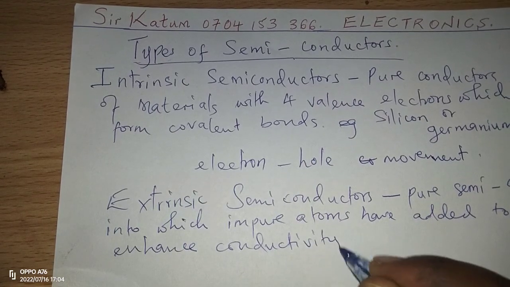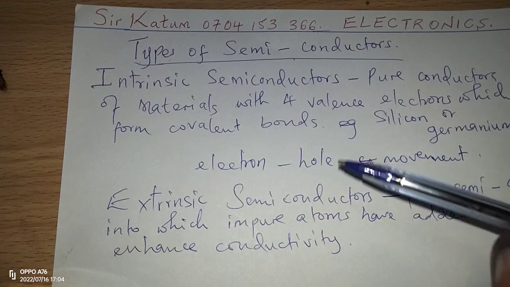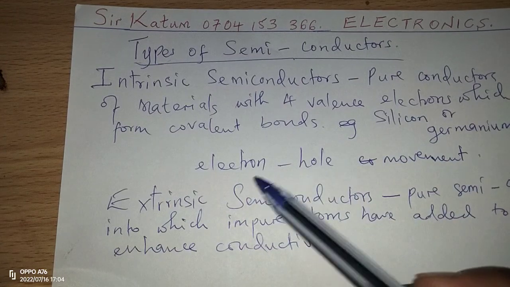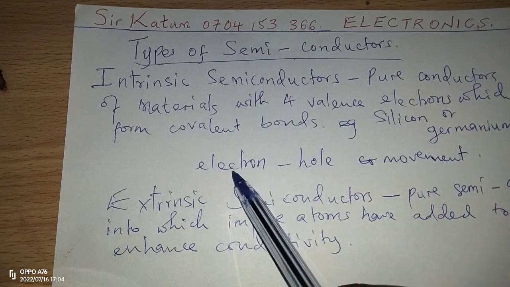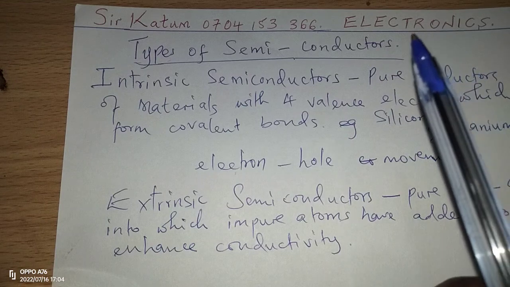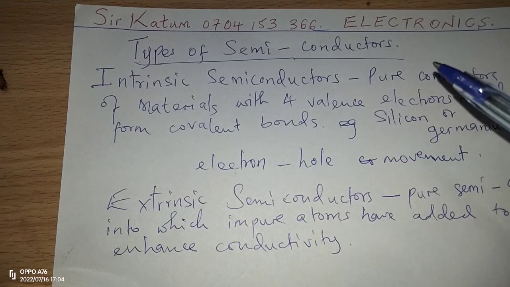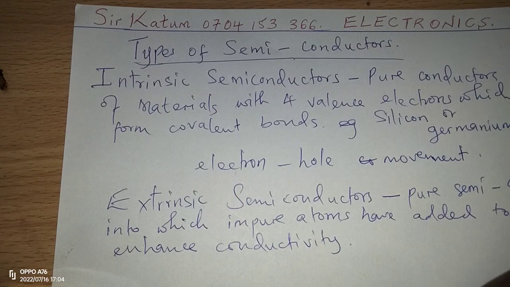Naturally, when a semiconductor is pure, it can conduct by electron hole movement, because in the other video we said that an electron with increased temperature can move across the small forbidden gap to the conduction band, leaving a hole, and the hole in return attracting another electron, and the chain continues conducting electricity.